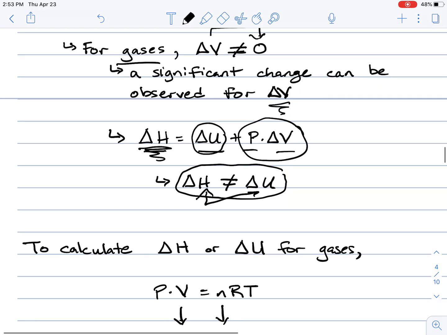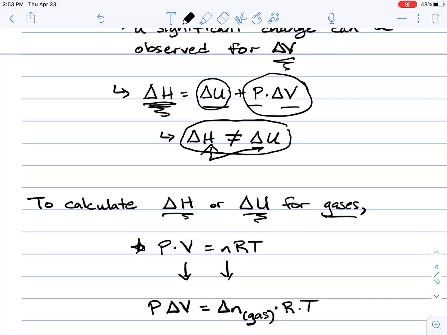All right, so we want to be able to calculate the change in enthalpy or change in internal energy for chemical reactions that involve gas. If you recall, we have the ideal gas law, PV equals nRT.